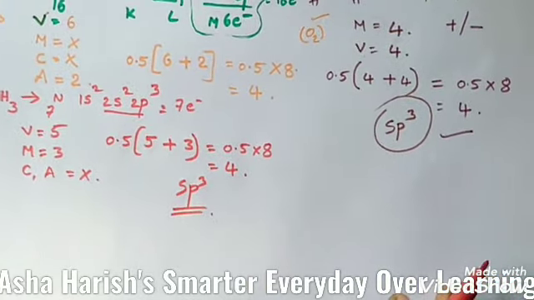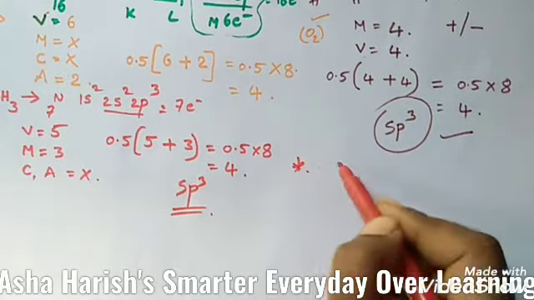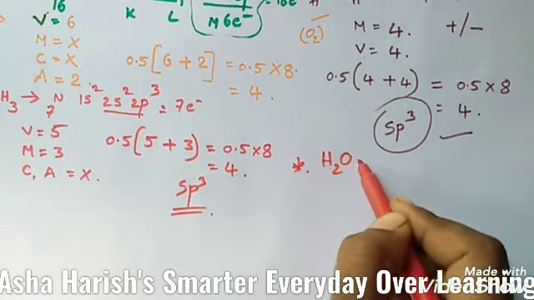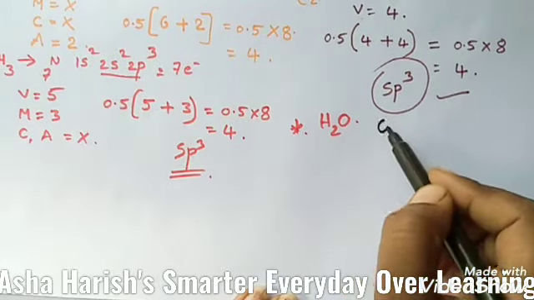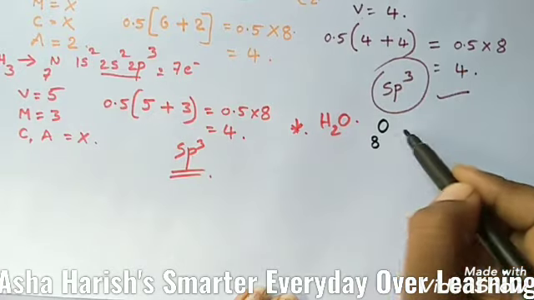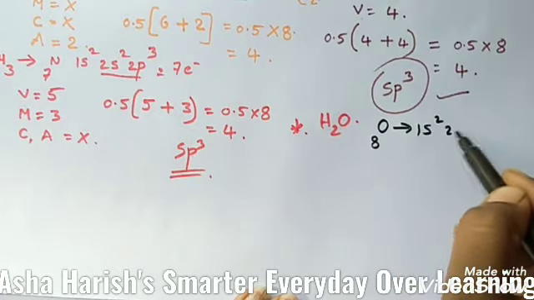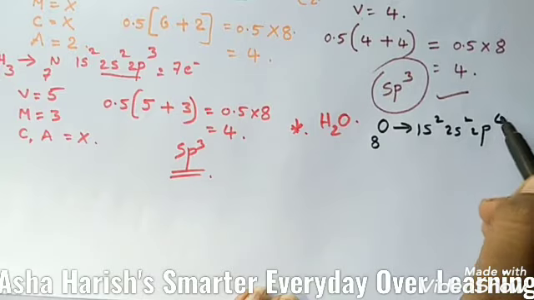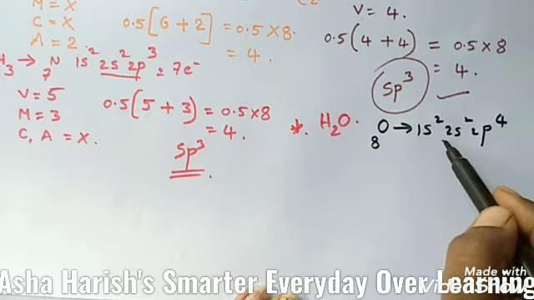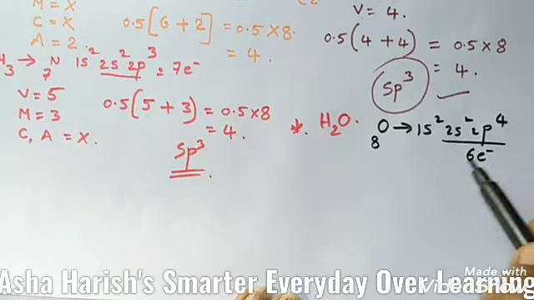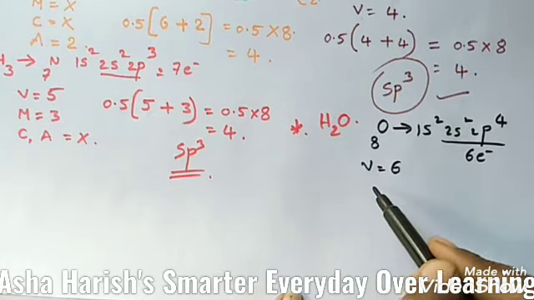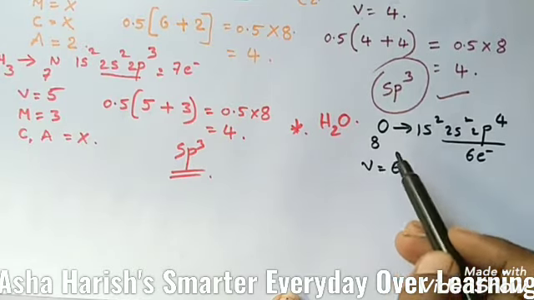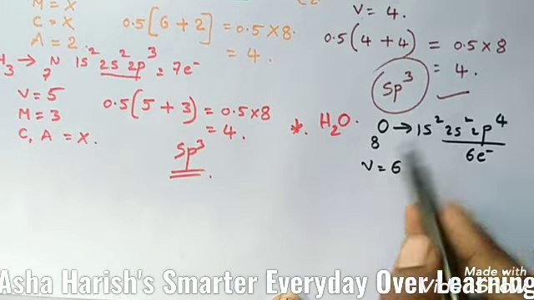Okay, now let's take another example, H2O. In this water molecule, oxygen is the central atom. Atomic number is 8. 1s2, 2s2, 2p4 is its electronic configuration. Here 6 electrons are the valency electrons. So V is equal to 6, and A means anion charge, there is no anion, and C means cation charge, there is no cation.